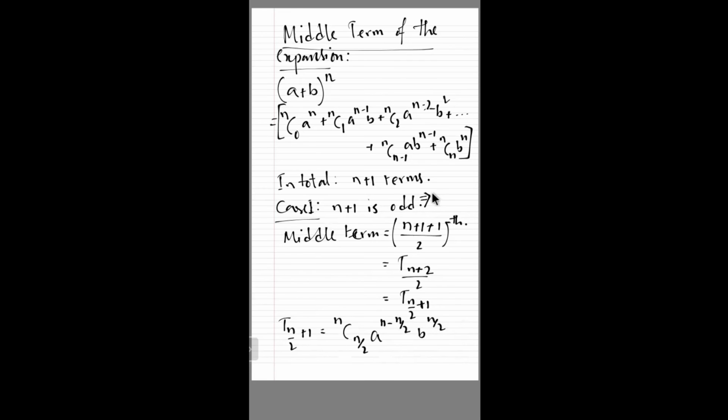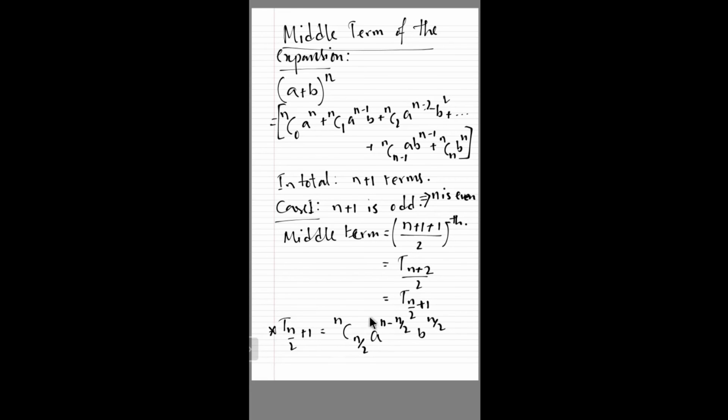Since n plus 1 is odd here, n is even. So when we are getting an even power in the binomial expansion, we are getting the middle term only once. That means only a single middle term will be there, and that middle term will be the (n plus 2) by 2th term, that means the (n by 2 plus 1)th term in the expansion.